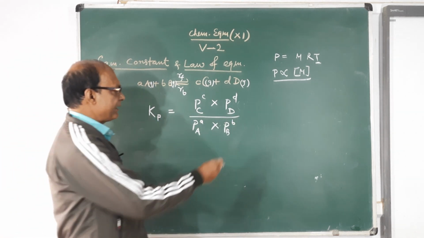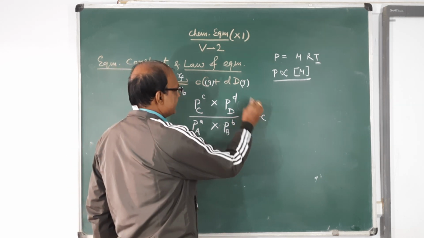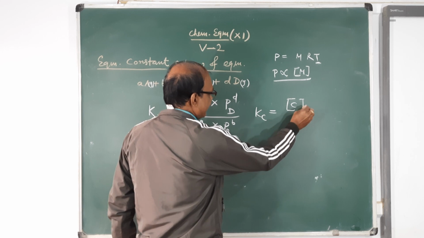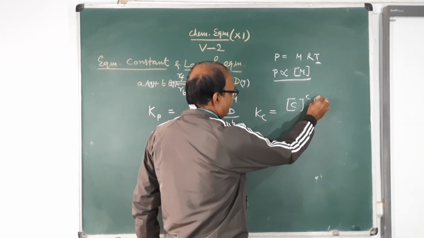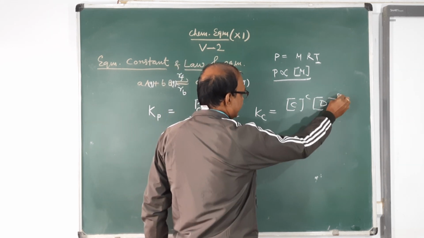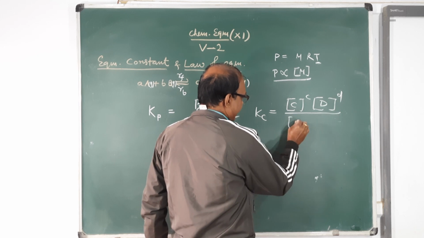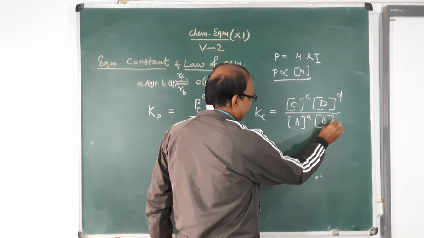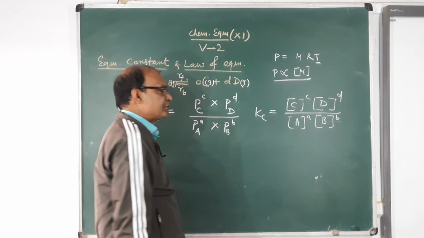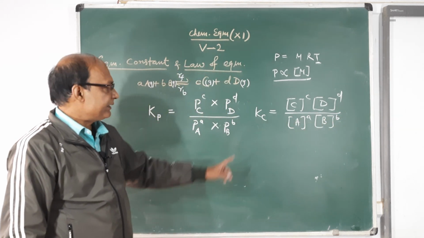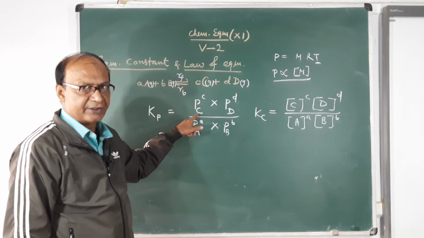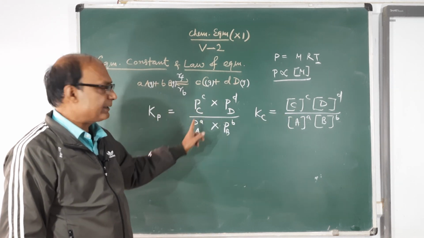When we write the expression of Kc for this reaction, Kc equals molar concentration of C power c, molar concentration of D power d, divided by molar concentration of A power a, molar concentration of B power b. So practically we are making no change; in place of concentration, we are writing the partial pressure. This will give the expression of Kp.